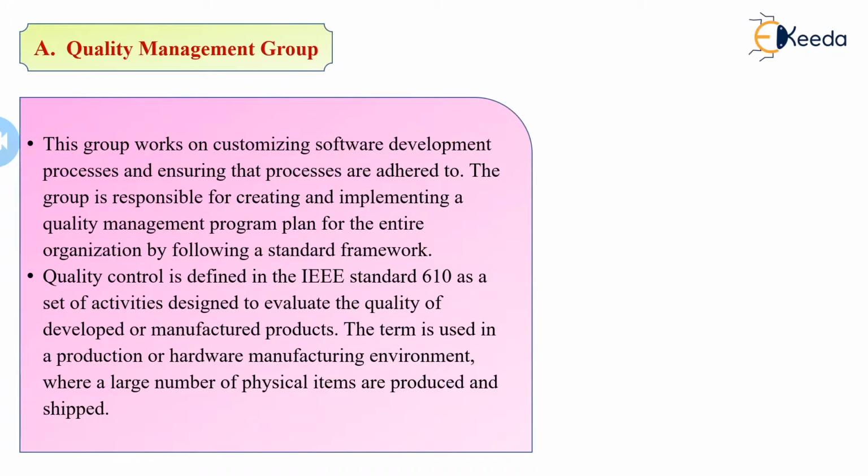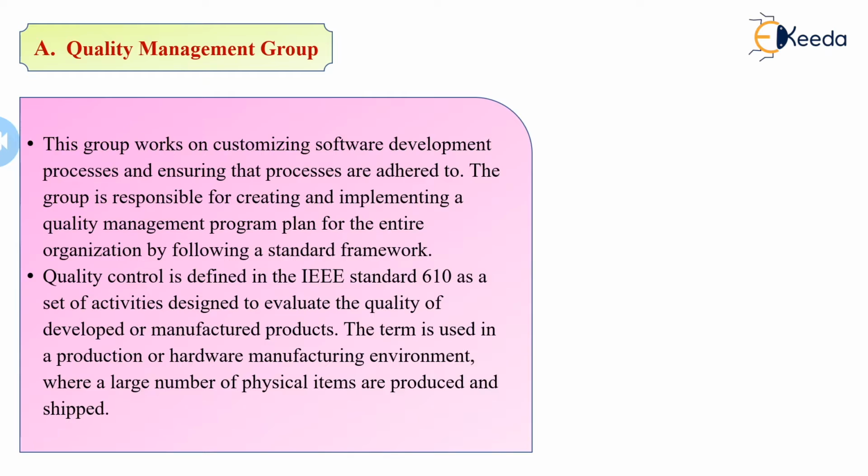Next, we have quality management. Under this, I have sub-categorized as the quality management group. This group works on customizing the software development process and assuring that the process is adhered to. The group is responsible for creating and implementing a quality management program plan.